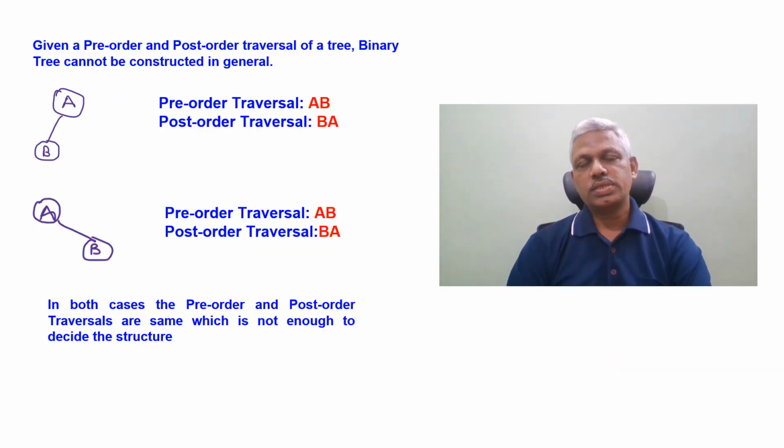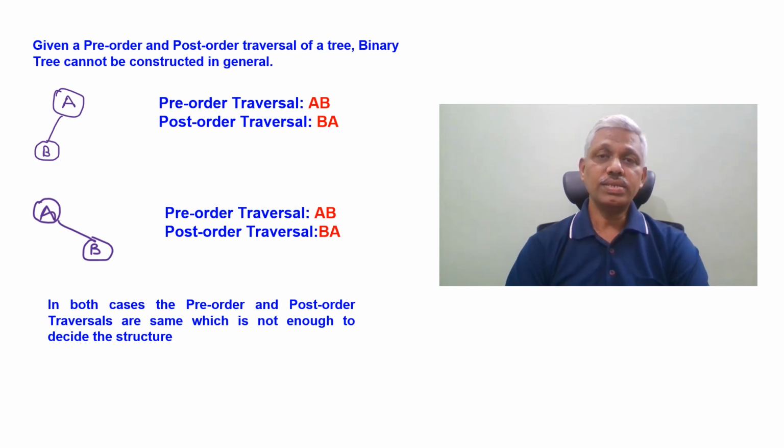The next question is, given pre-order and post-order traversals, can we reconstruct the tree? We cannot reconstruct the tree for all cases, only in specific cases. Why? Because, for example, suppose B is the left child of A. The pre-order traversal is AB and the post-order traversal is BA.